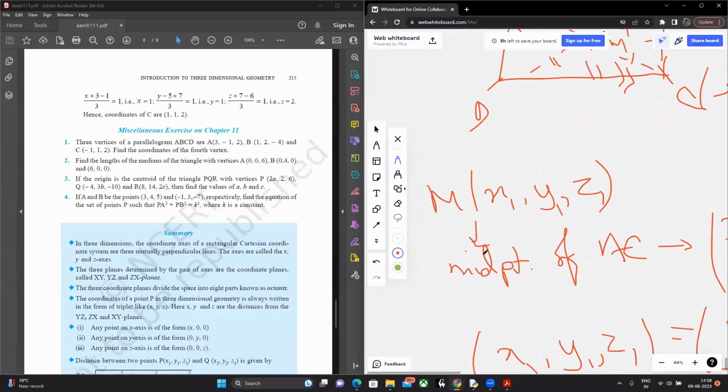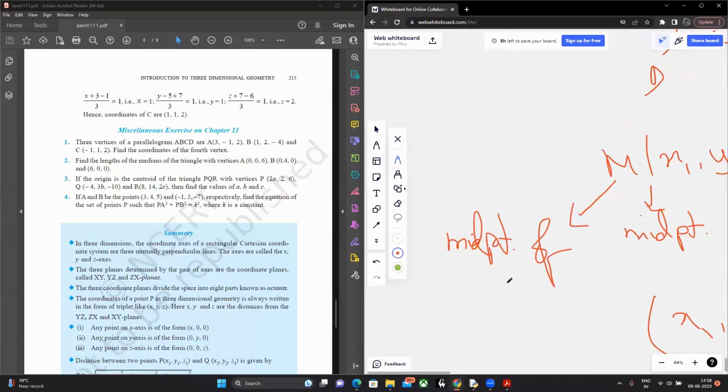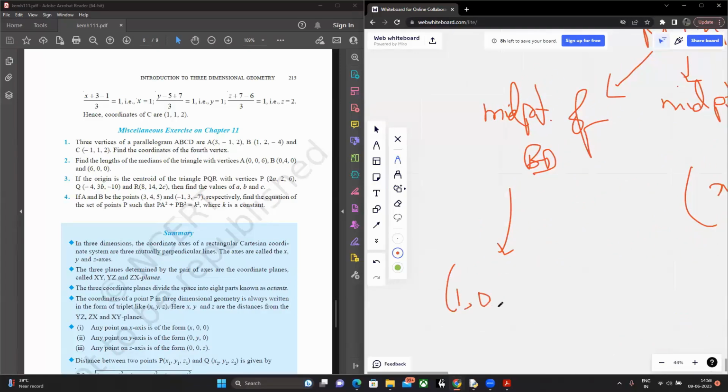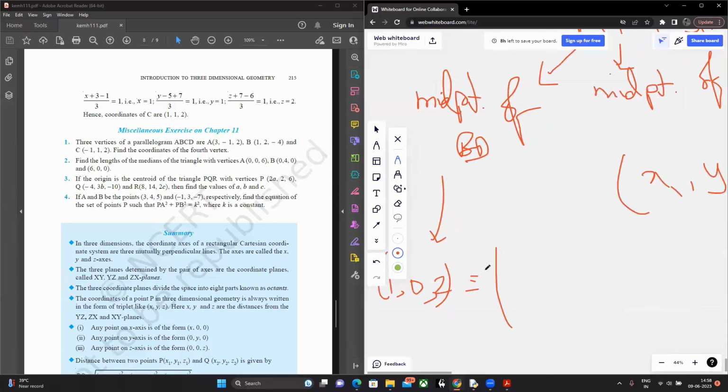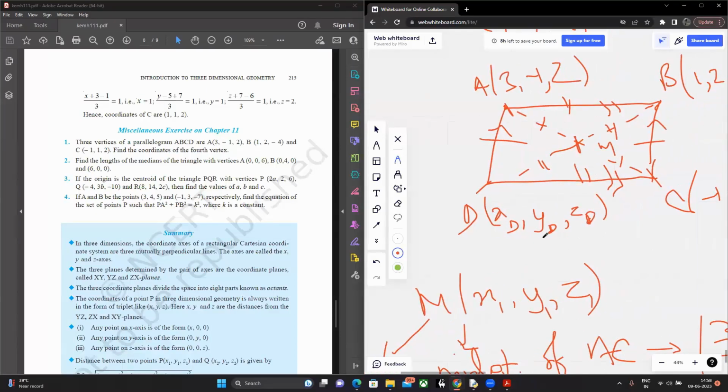But this is also the midpoint of BD. Therefore, (1, 0, 2) is equivalent to the midpoint of B and D. Let D be (xd, yd, zd), so there's no confusion between x1, y1, z1 and x2, y2, z2.